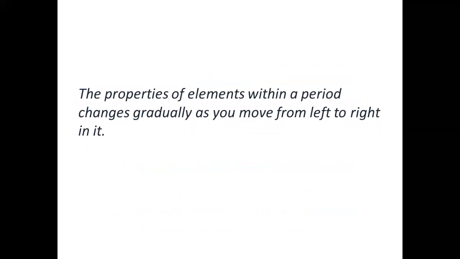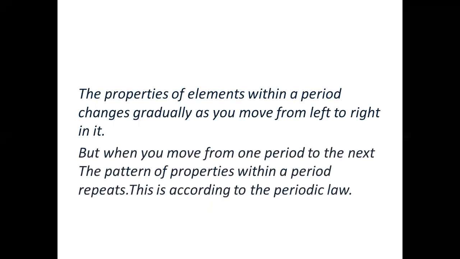The properties of elements within a period change gradually as you move from left to right. Definitely atomic number changes, so the properties also change. But when you move from one period to the next, the pattern of properties repeats.